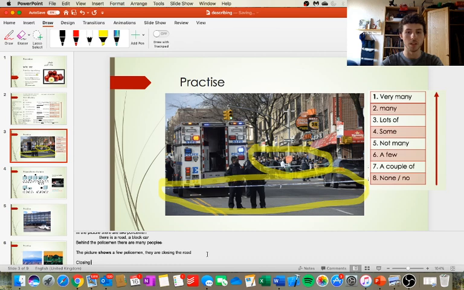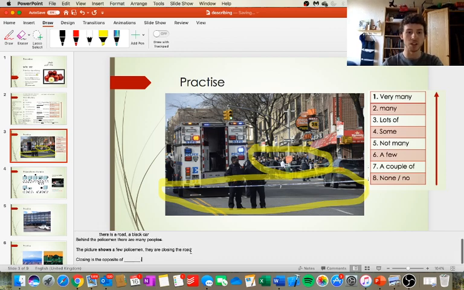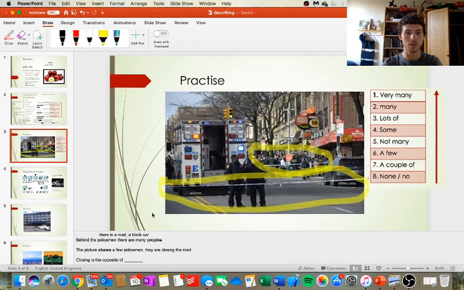Closing is the opposite of what? Closing is the opposite of... we're seeing the brilliant use of a few.